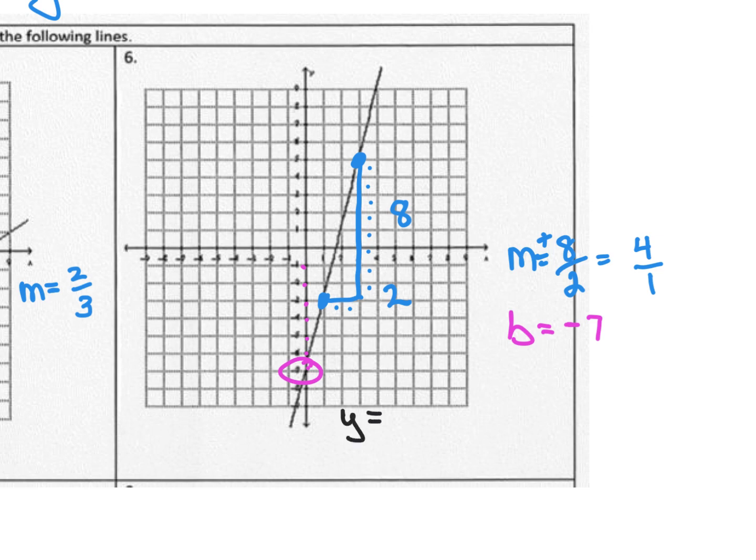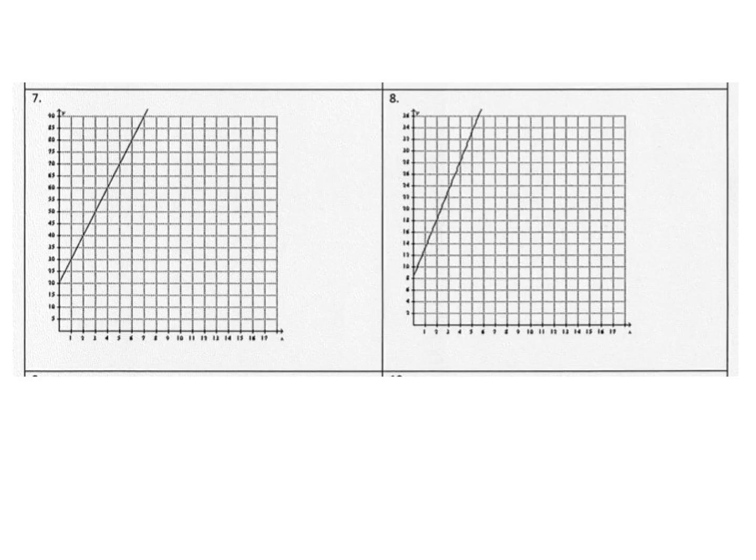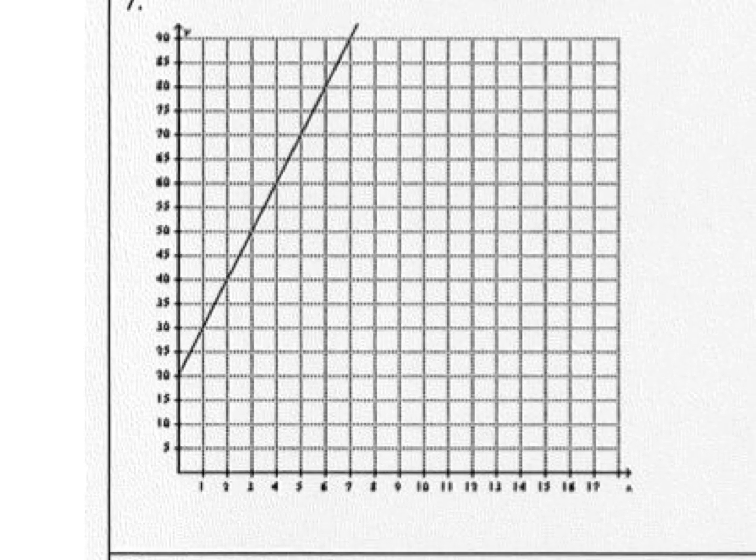So y equals 4 over 1x plus -7. And again, mathematicians will write it as y equals 4 over 1x minus 7. Great.